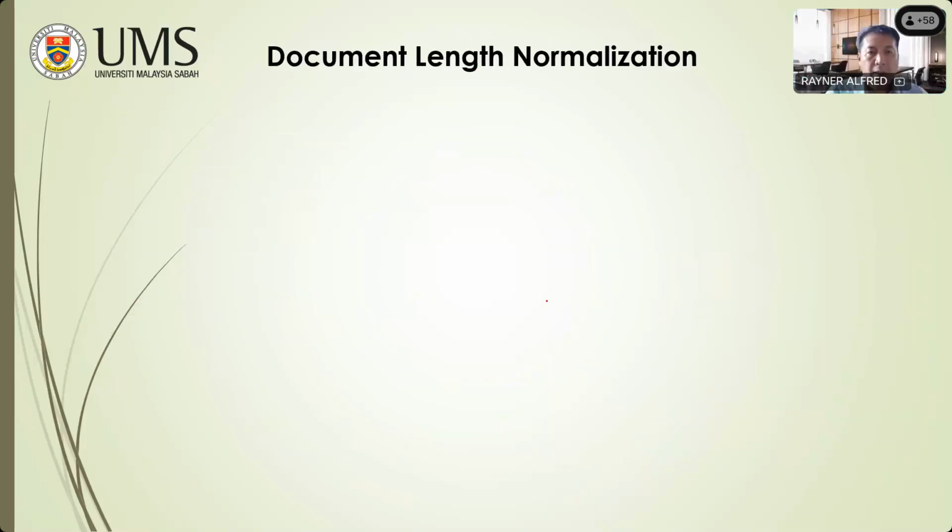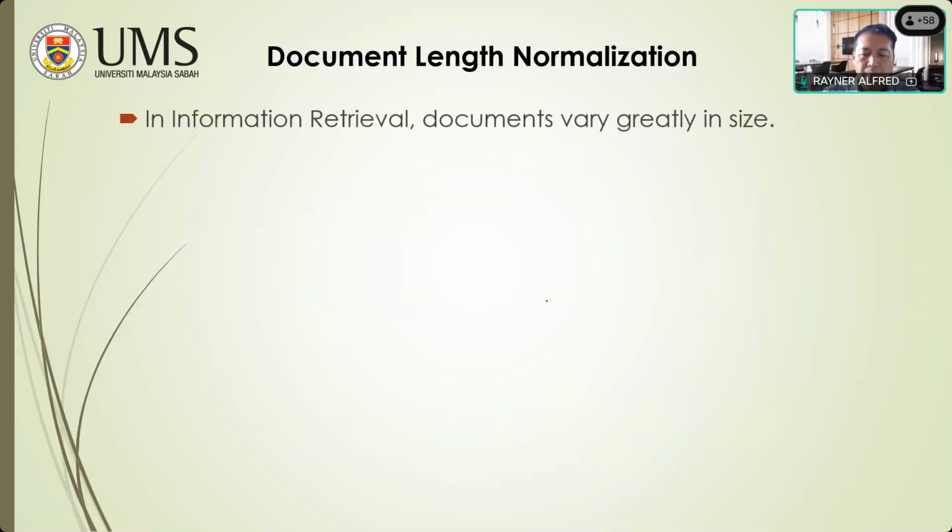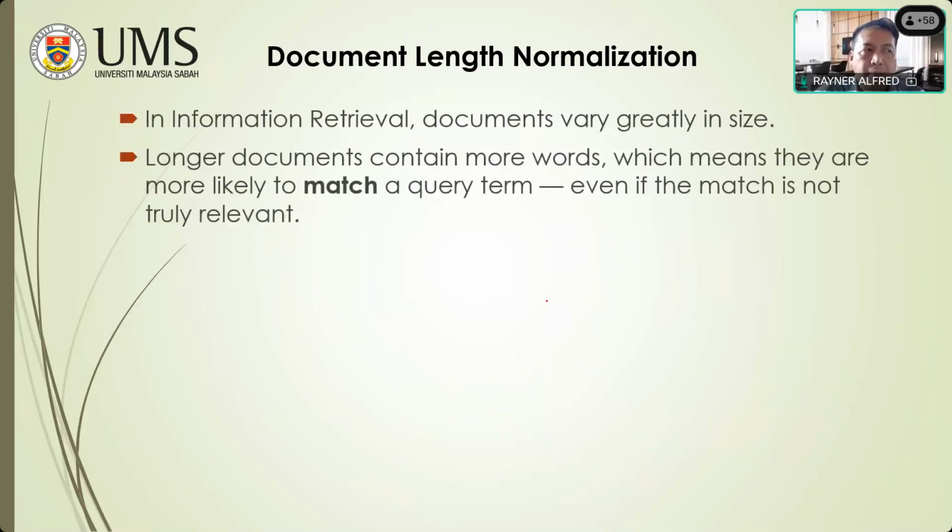Okay, but when we look at the documents, some documents are too long, some are too short. For a document that is very big, if we make an assumption that a term exists many times, it's not fair for the document that has a shorter version.